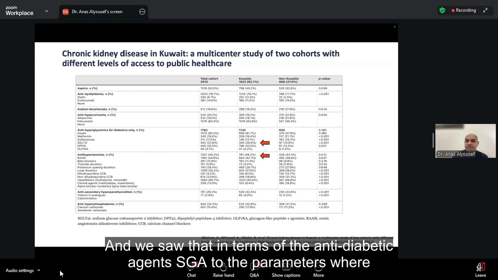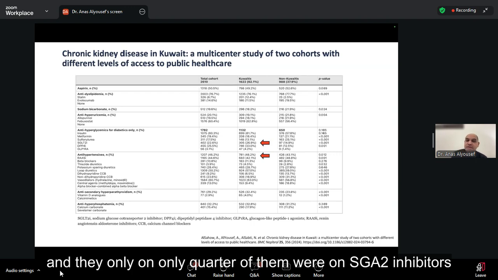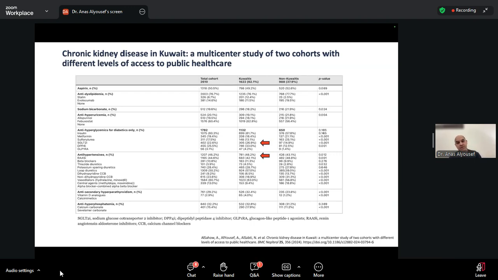And we saw that in terms of the anti-diabetic agents, SGLT2 inhibitors were only used in 25%, or let's say 26.9% of the patients. So very small number of patients, diabetic patients with CKD, and only a quarter of them were on SGLT2 inhibitors.